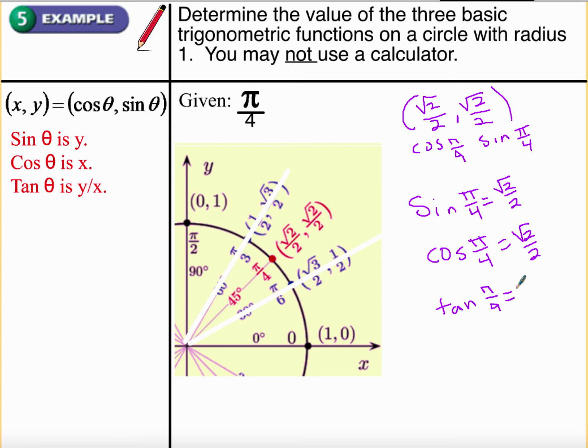That's your y value divided by your x value. So my y value was the square root of 2 over 2, and my x value is the square root of 2 over 2. And hopefully you know that any number divided by itself is equal to 1. So tangent is 1.